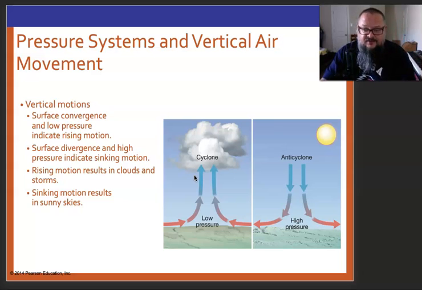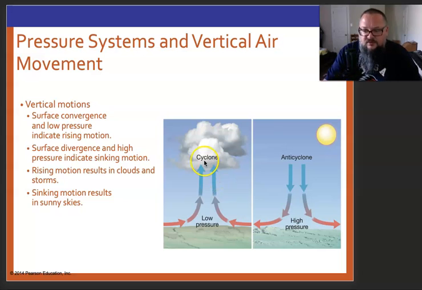You remember that? The dew point temperature is the temperature at which air is saturated and can't hold any more water. Well, if that air continues to rise, it's going to continue to cool down. And if the temperature falls below the dew point, that means that some of that water vapor in that air is going to get kicked out. It's going to condense and it's going to become water.